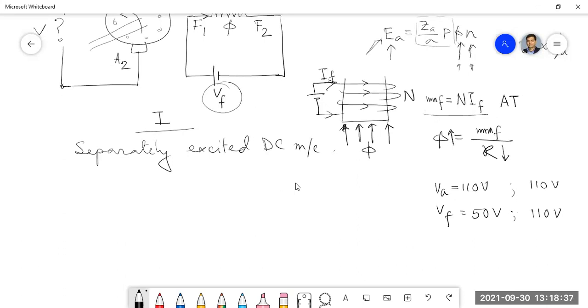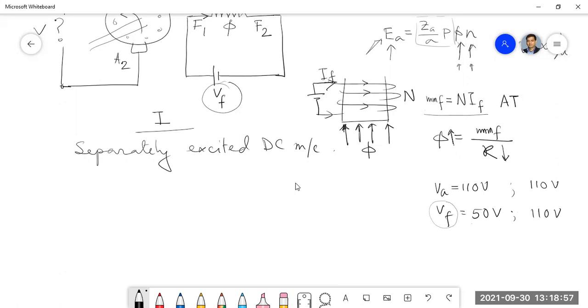If the rated voltage of the field coil is 50 volts and you apply 110 volts, the insulation of the field winding may get damaged. So we have to see what the ratings are.